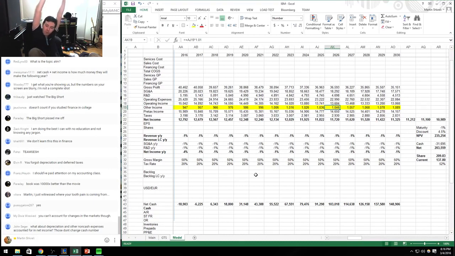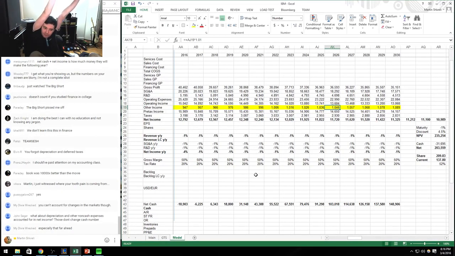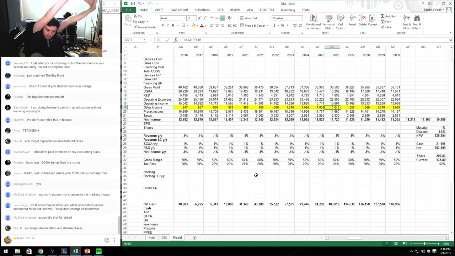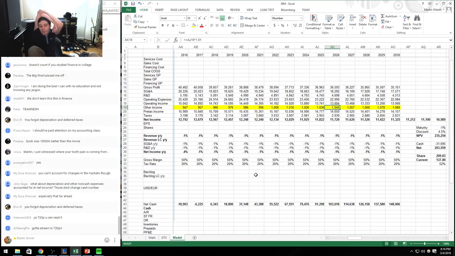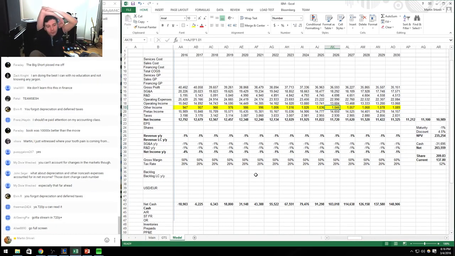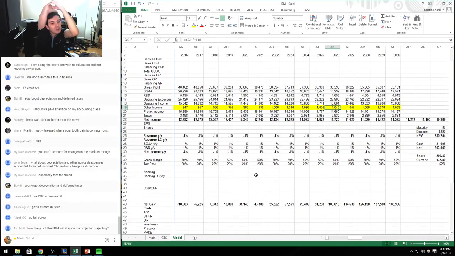What do you guys think? We're assuming that net income approximates cash flow. And we'll do cash flow lessons later. Don't worry, I'm not going to miss cash flow.